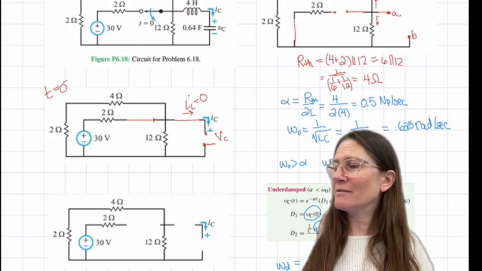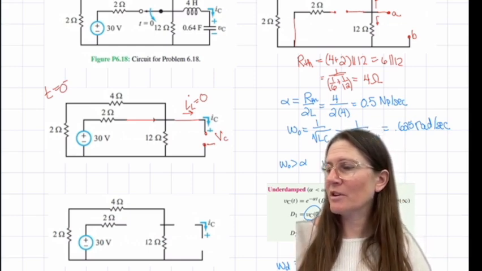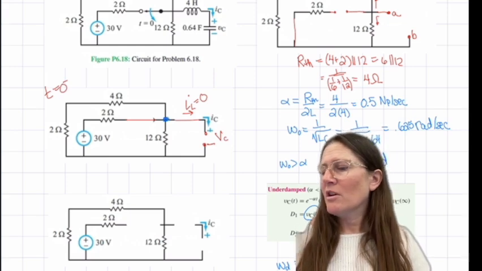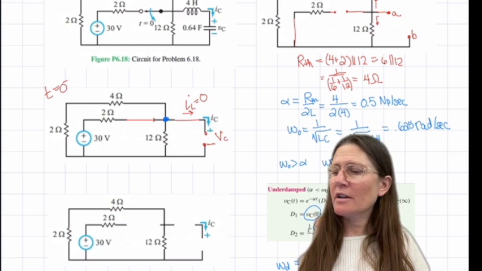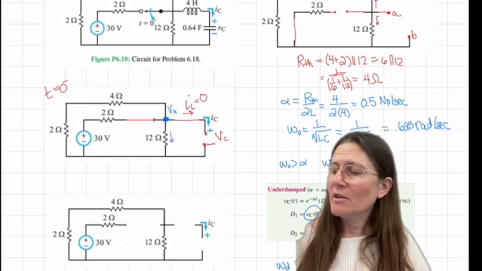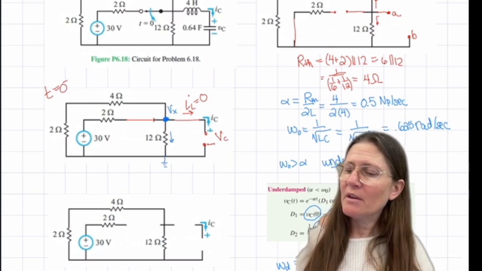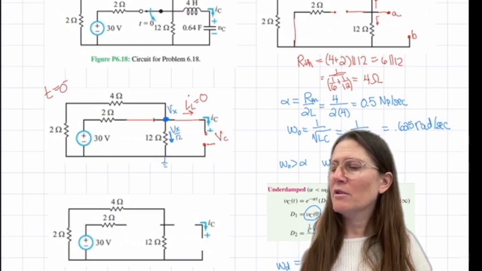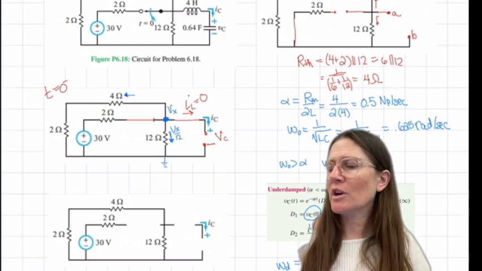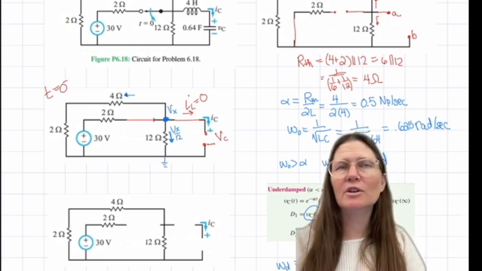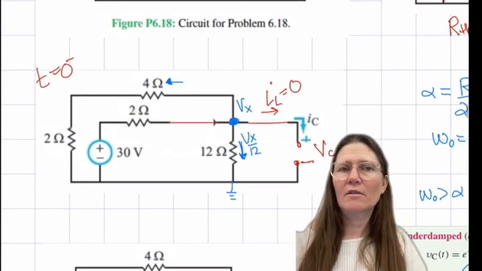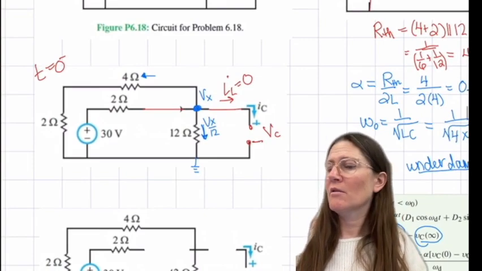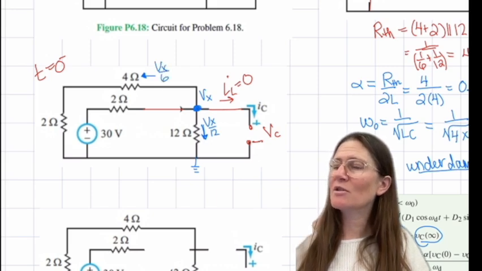So not super easy to see, so let's figure that out. I can put a voltage, I'll just call it Vx, and then I'm going to ground the bottom. So current in this branch is Vx over 12. I'm just going to label this current going in that direction. What's that current? Correct, Vx over 6, so you would add those two together.